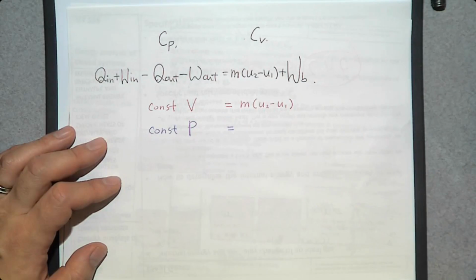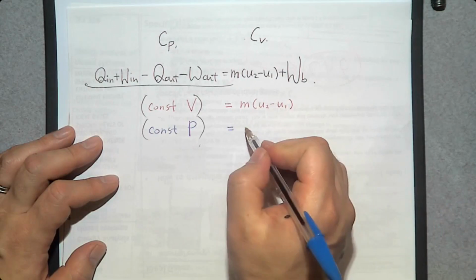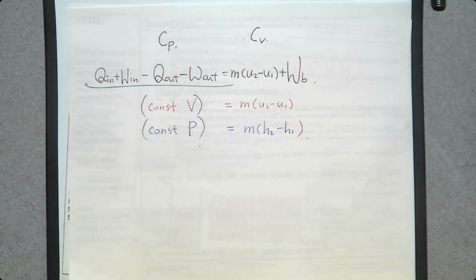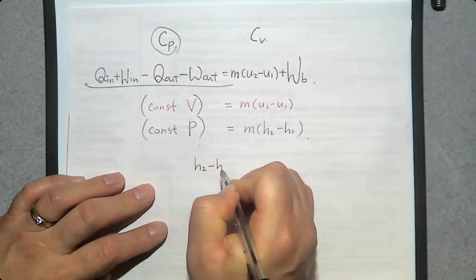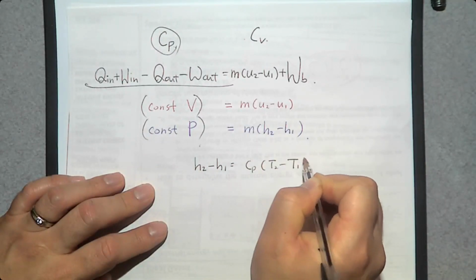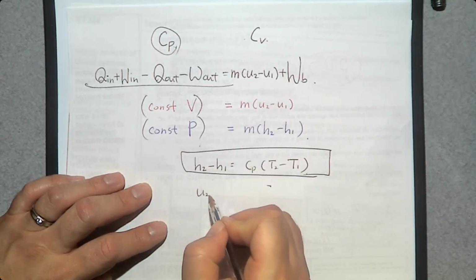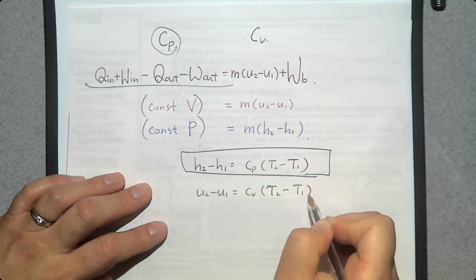The left-hand side is the same. The right-hand side is going to be mass times H2 minus H1. Then, how can we solve these energy balance equations by specific heat? CP first. H2 minus H1 is CP, T2 minus T1. What about CV? U2 minus U1 is CV, T2 minus T1.